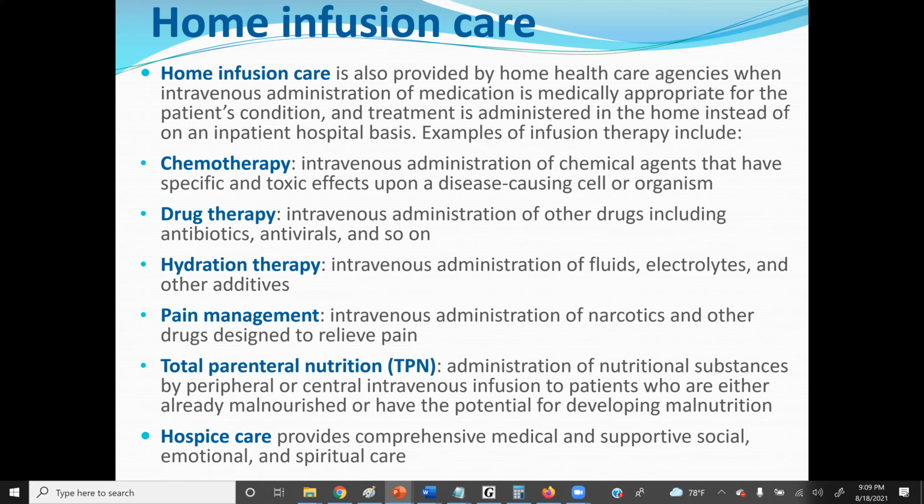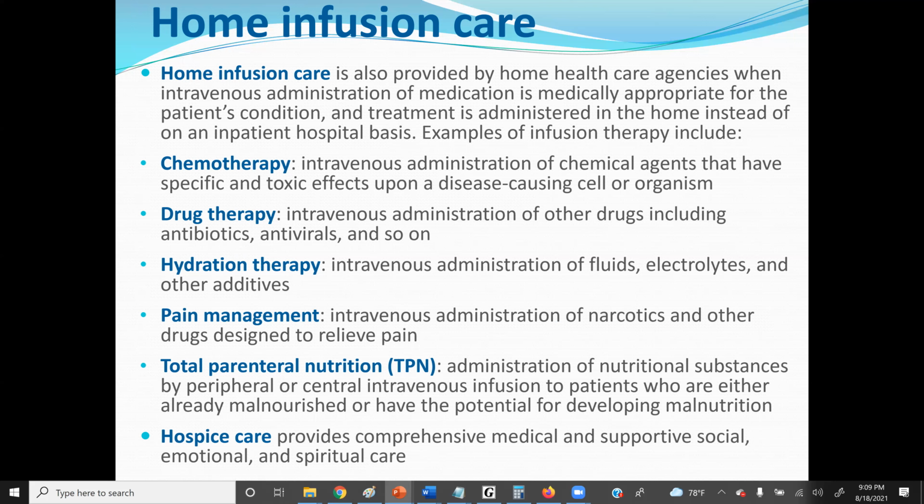Pain management can be intravenous administration of narcotics and other drugs designed to relieve pain. Then we have total parenteral nutrition, TPN. This is administration of nutrition substances by peripheral or central intravenous infusion to patients who are either already malnourished or have potential for developing malnutrition.